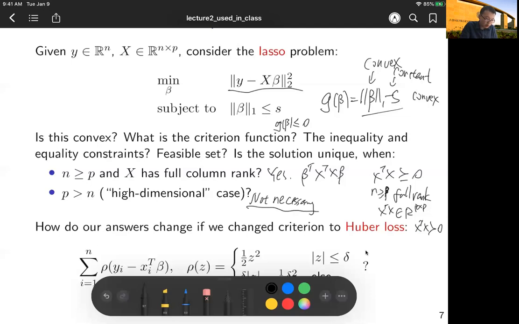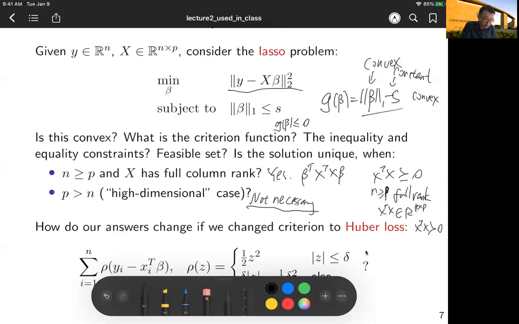We'll see more of this in one of the future lectures, where we can show that with probability 1, under any density, the solution is actually unique, if X is drawn from some arbitrary distribution that admits a density. But this is not directly seen from the formulation here, and it cannot be proven from strict convexity.